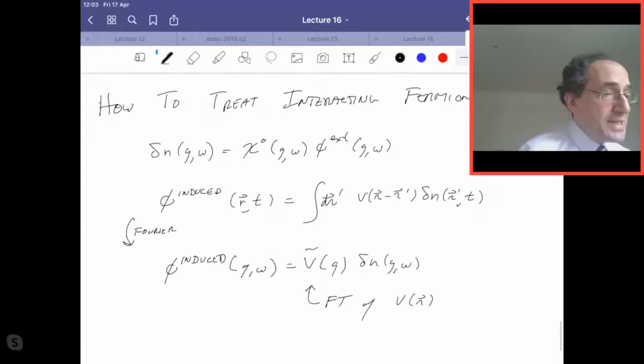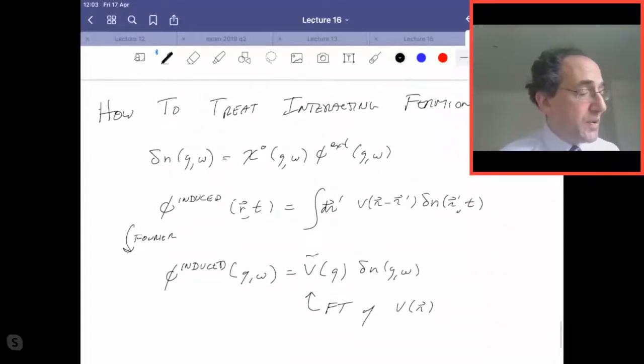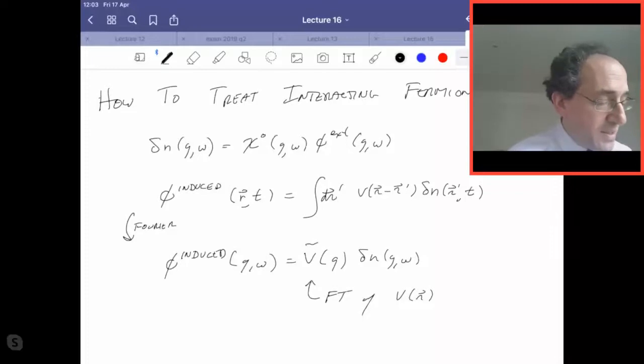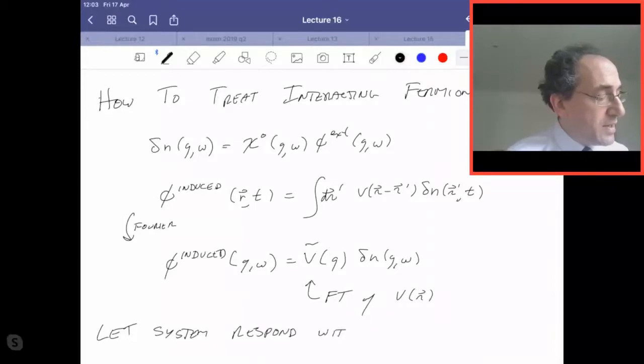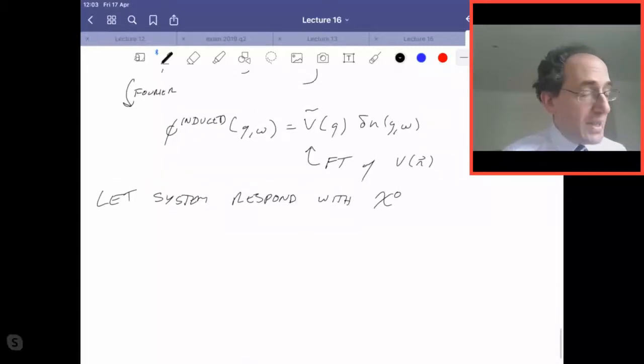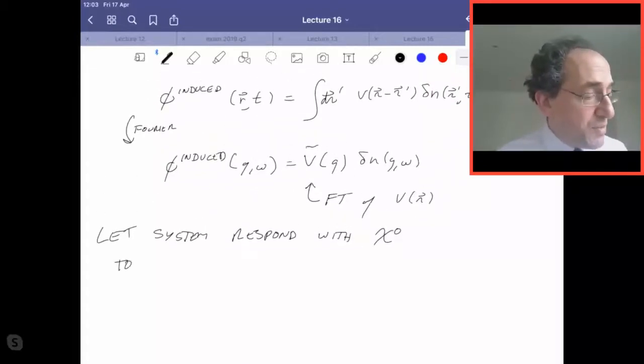And now the idea is to let the system respond with chi naught as if it's non-interacting particles, but we let it respond to both external and induced phi.